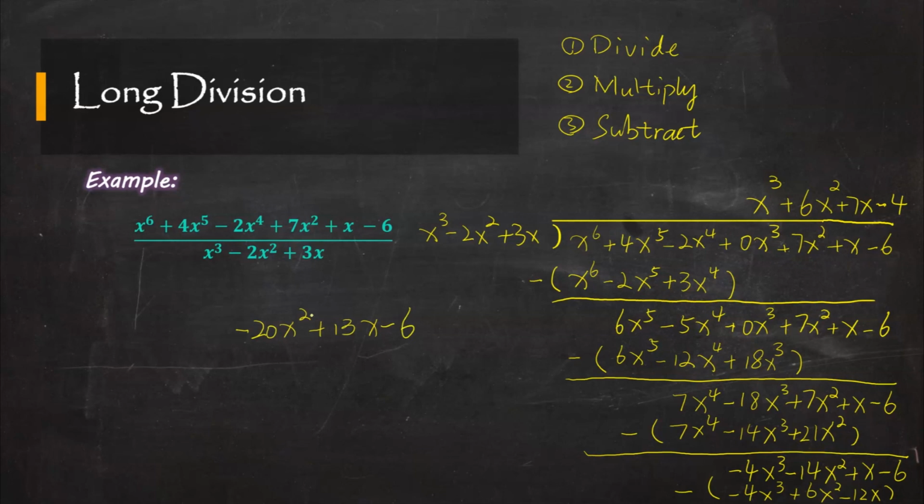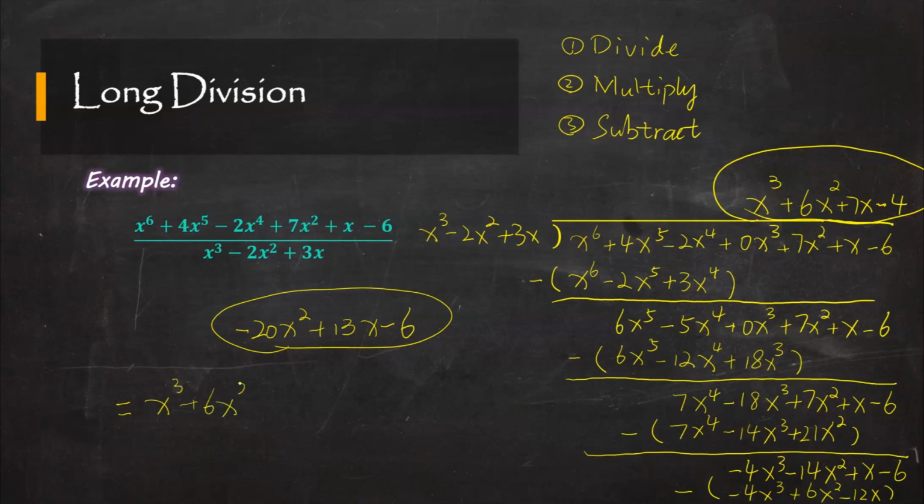And now the highest power of the remainder is only 2, which is smaller than the highest power of the divisor. So now we stop here. So we have our quotient, our remainder. So the final answer would be copy down the quotient here. So we have x cubed plus 6x squared plus 7x minus 4.